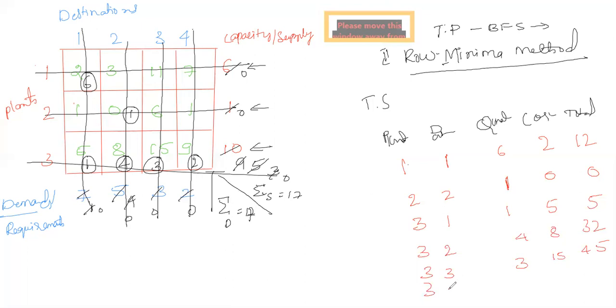And similarly 3 comma 4, the quantity is 2, the cost is 9, it will be 18. If you sum this, 10 plus 17, 17 plus 22, you carry, so 3, 3, 6, 11, 1, 1, 2.